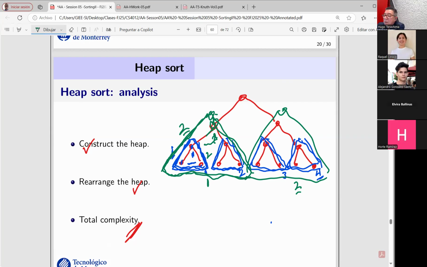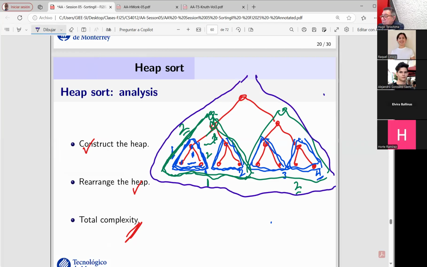And the other is, we put another color here, which is this one. Okay, so now I have to construct the whole tree, right? The whole heap, I would say. How many trees do I have of this size? 1. 1, right? And what is the height of this purple tree? 3.